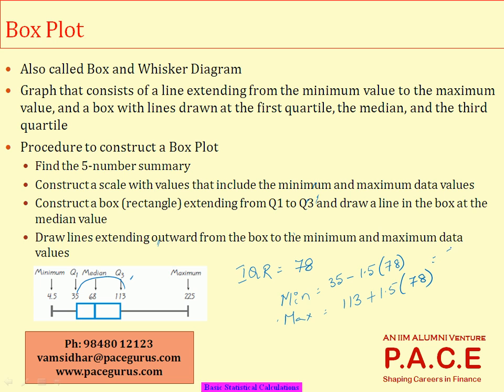So it is some negative value here, whereas here 78 times 1.5 is 117, plus 113 is 230. 230 is my artificial maximum. Since no value is lying outside 230, because the maximum value itself is 225, there is no outlier. But if there is any one value that is lying outside 230, then we definitely call that an outlier, right?